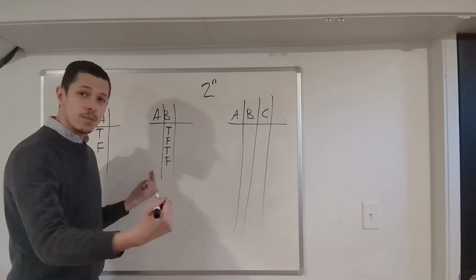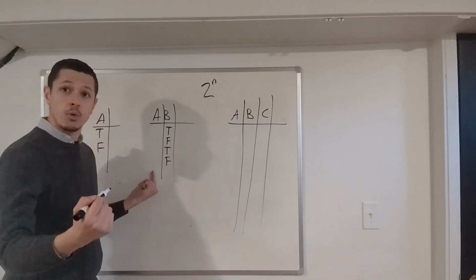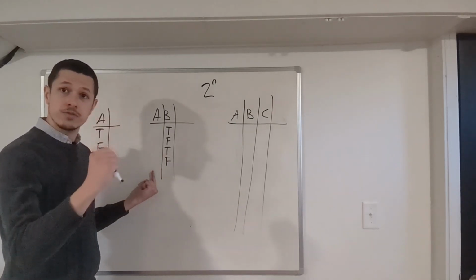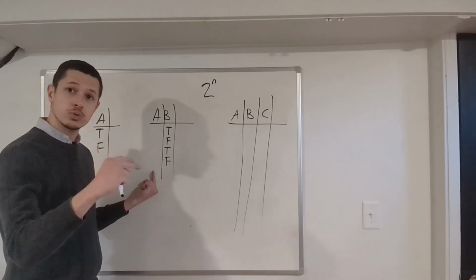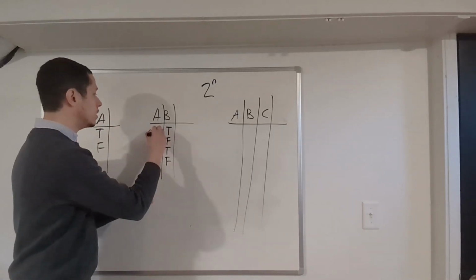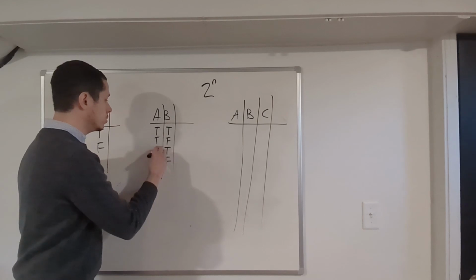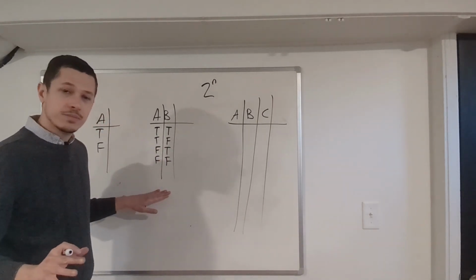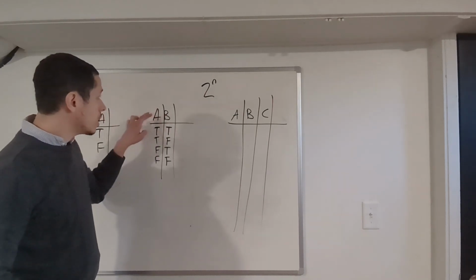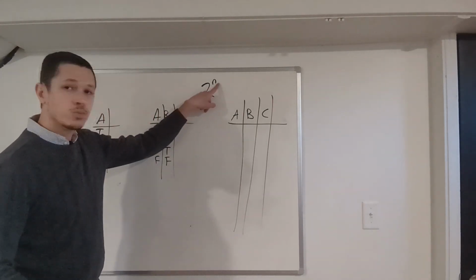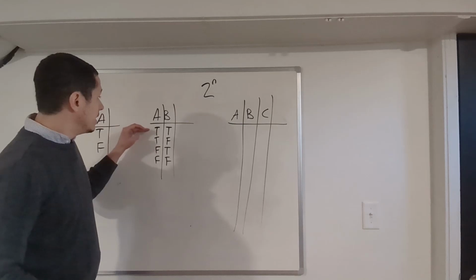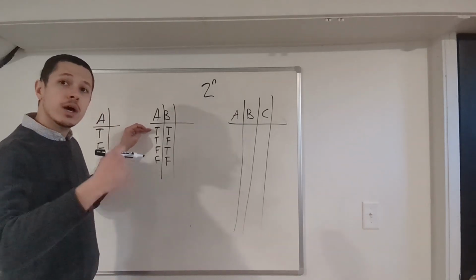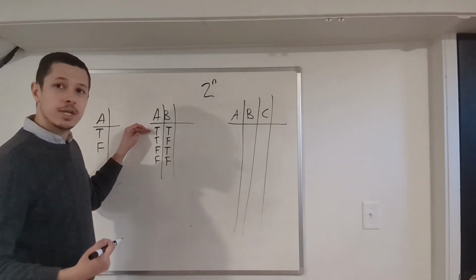And then the next atomic statement, you'll do the same thing. You'll double how many consecutive truths and falsehoods you have. So here, true, true, false, false. And notice, if you did that, we know that there are 2 atomic statements, so we know there have to be 2 to the n rows, that's 4, right? If you did it this way, you will cover every single possible combination of truth values.